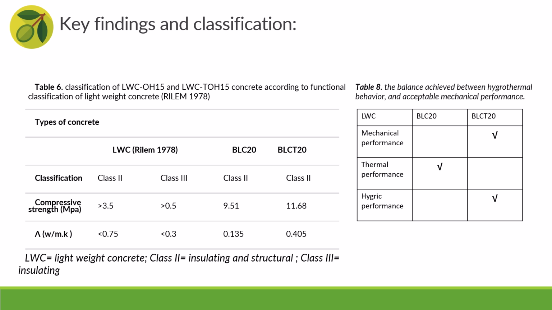Importantly, both mixes simultaneously meet the thermal, hygric, and mechanical performance requirements, which underlines their versatility. This makes olive husk concrete particularly suitable for non-load bearing yet functional elements, such as interior partition walls or facade layers, where a balance of insulation and mechanical stability is needed.